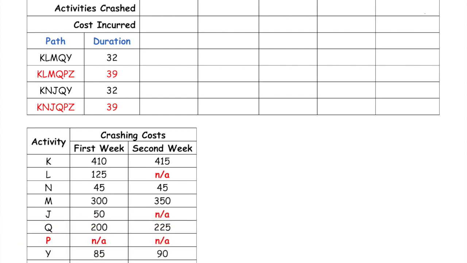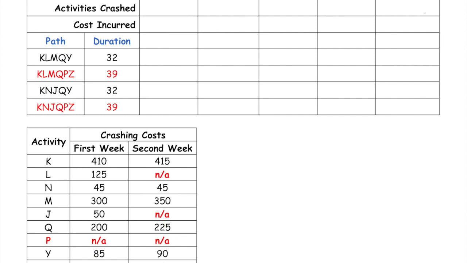Because of this penalty, it should be very obvious to you that you're going to keep accelerating the project as long as the cost incurred to shorten the project does not surpass $375 for that week. Simply because the minute that it does, it would be cheaper for the firm to pay the penalty.